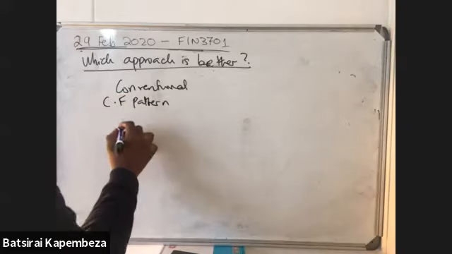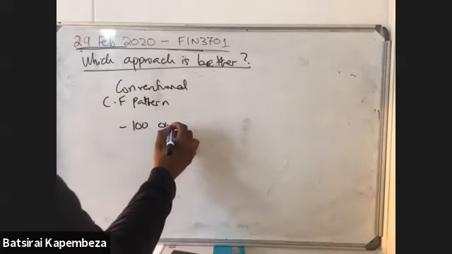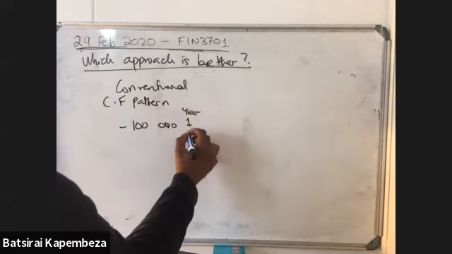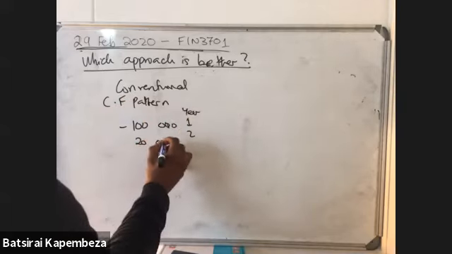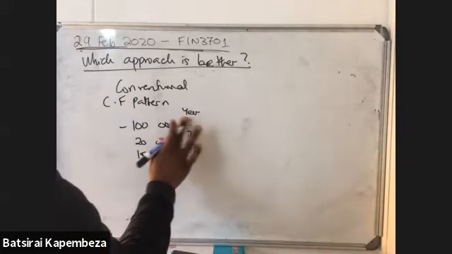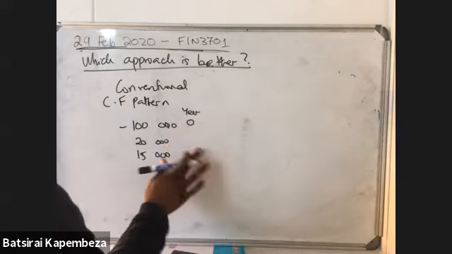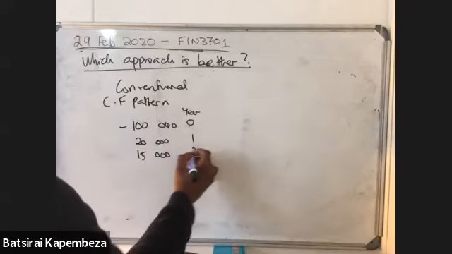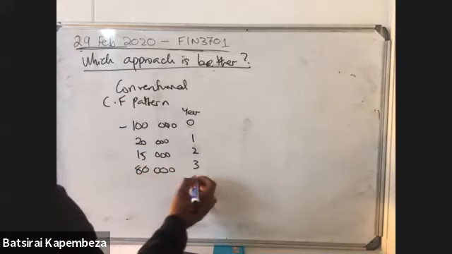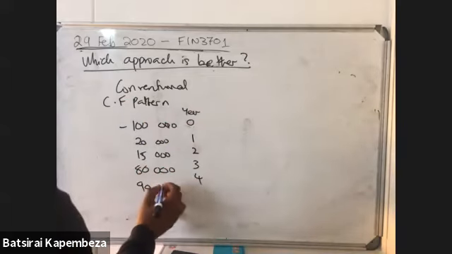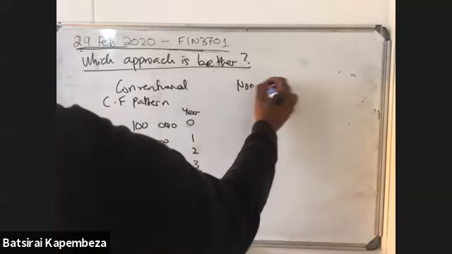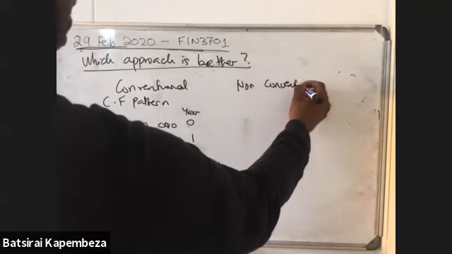You spend 100,000 rand at time 0. Then year 1, year 2, year 3, you get 20,000, 15,000, 80,000. Year 4, you get 90,000. So this is conventional.